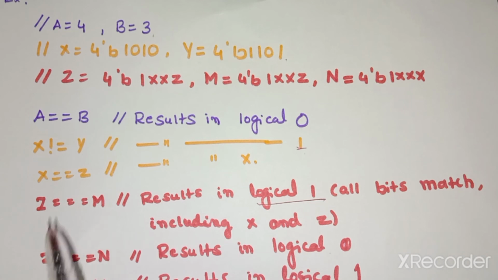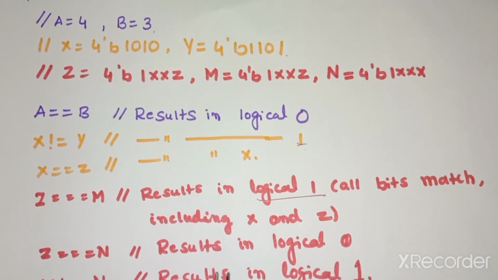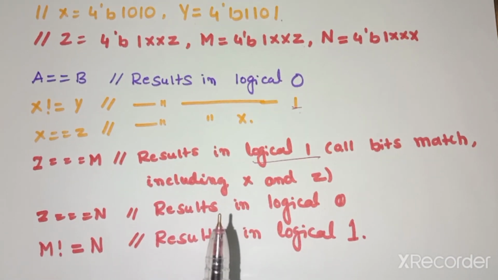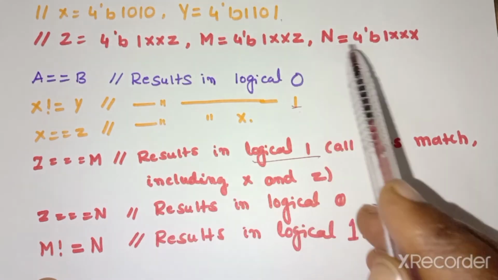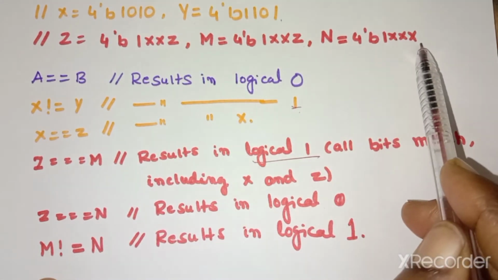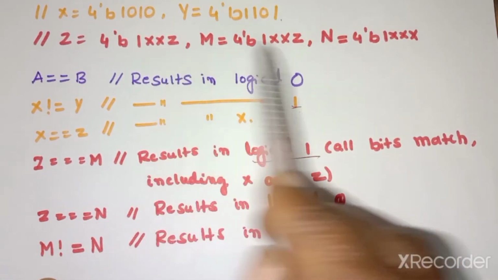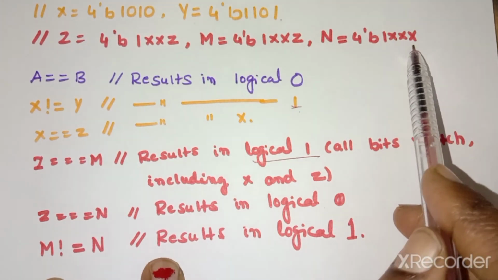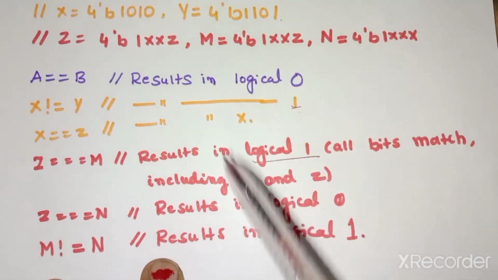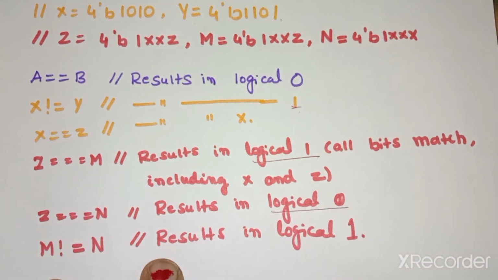And next, another condition, you take here: z is equal to n. Your z value is this one and n value is this one. By this also you can easily say that it is not true. This is false. So it is going to display the logical 0.